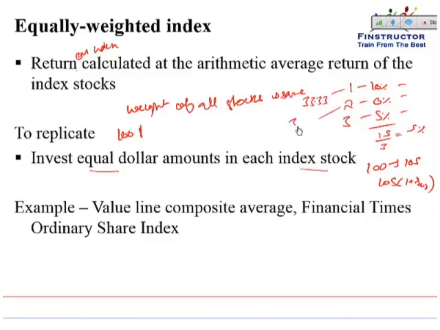In stock 2, likewise invest 33.33, because all stocks have the same weight. So if you want your performance to mirror that of this equally weighted index, then you should invest equal amount of money in each stock. The Value Line Composite Average and the Financial Times Ordinary Share Index are some examples of an equally weighted index in the real world.